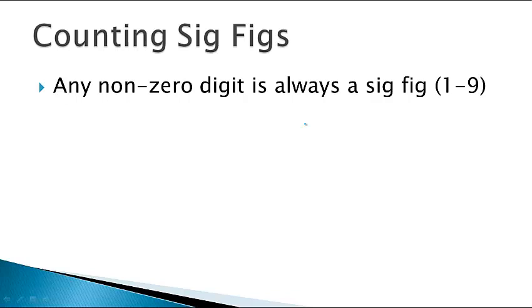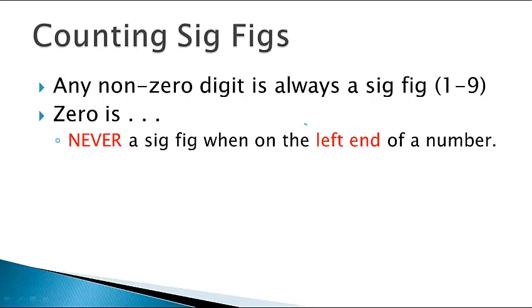Now here's the rationale for that. If I didn't know the number, and it's not a 0, why would I write it down? So we assume that anytime you see a 1 through 9, any of those digits in a number, it is a significant figure. It is a number that is known in that quantity, whatever it is.